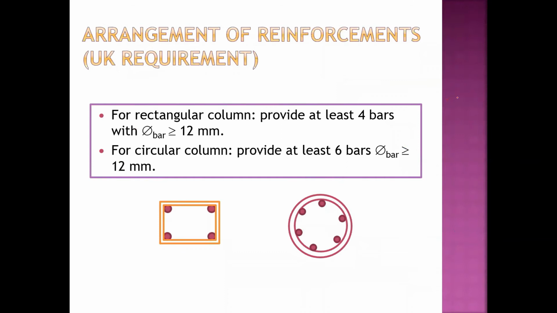And this is the arrangement of reinforcement for a rectangular column. We must provide at least 4 bars, and for a circular column, 6 bars. The better size is 12 mm for vertical reinforcement.